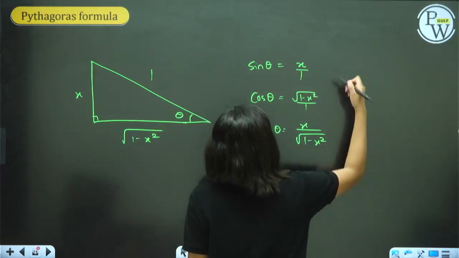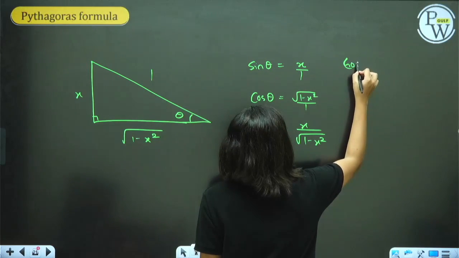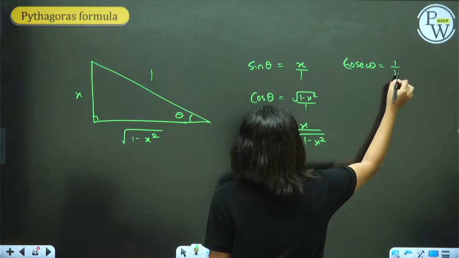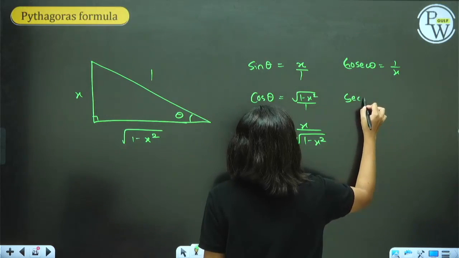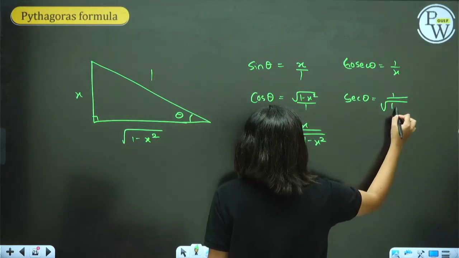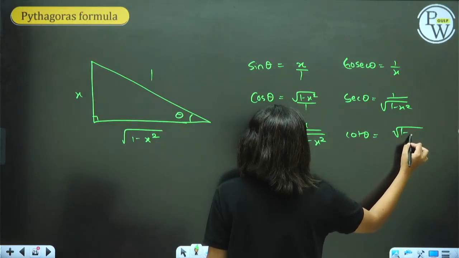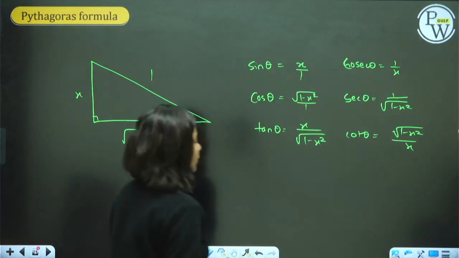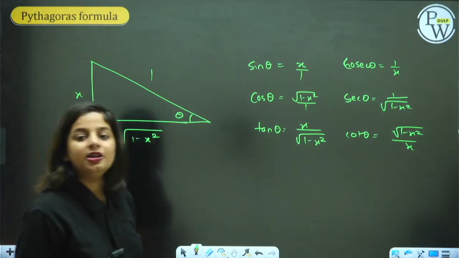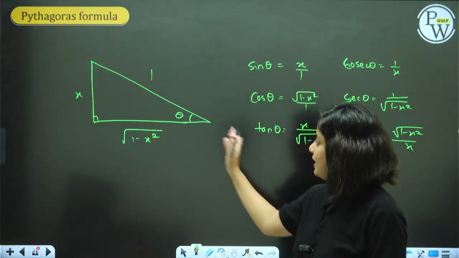Similarly, cosec is 1 by x, sec is 1 upon root 1 minus x square, and cot is root 1 minus x square upon x. Not a big deal. Just by this triangle you understand these values.